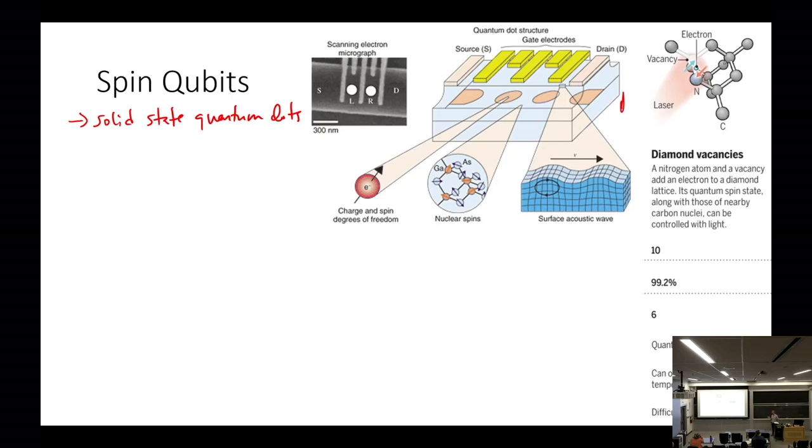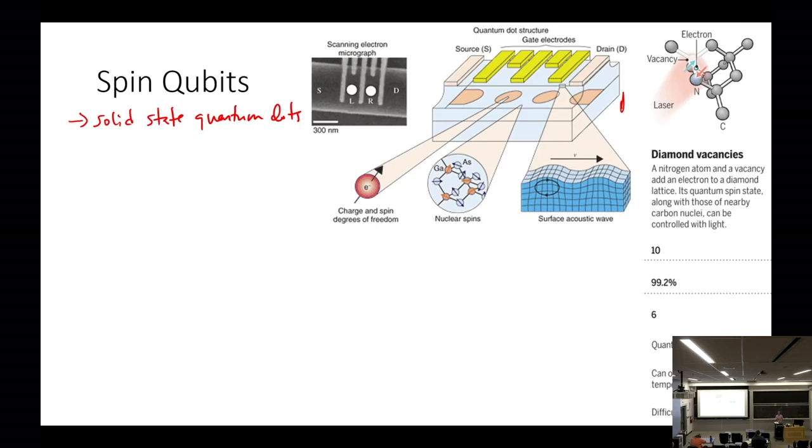One big disadvantage in making quantum dots for qubit applications via any of these methods is that the quantum dots are not positioned deterministically. They show up in almost random locations, so you can't really dictate exactly where they are. So that's one negative.